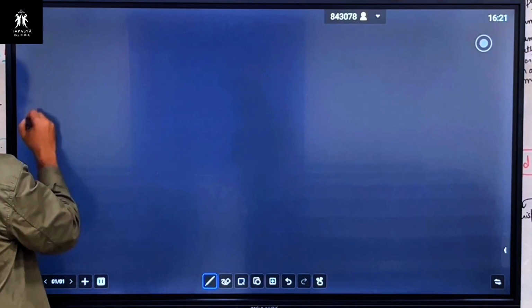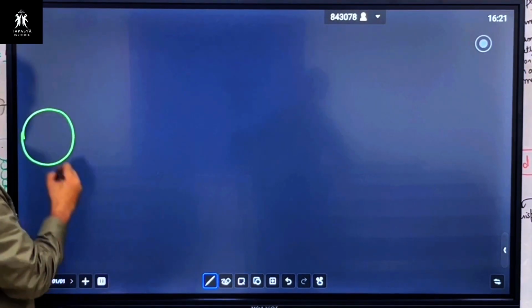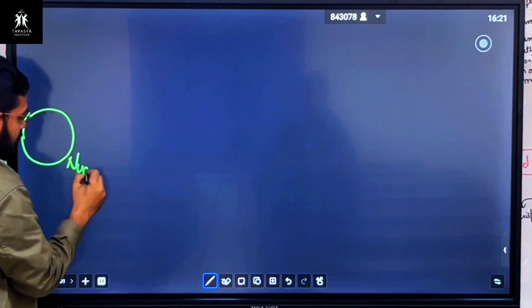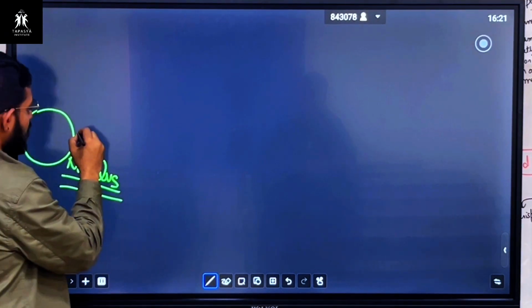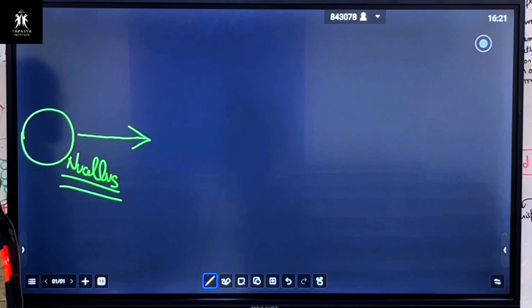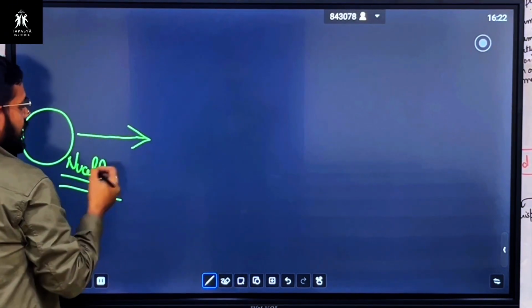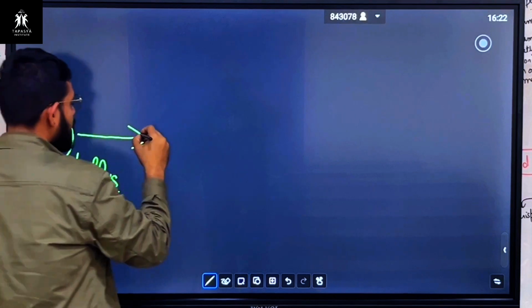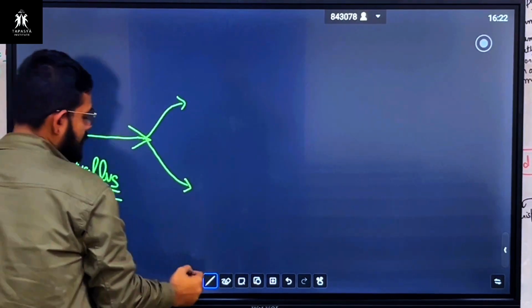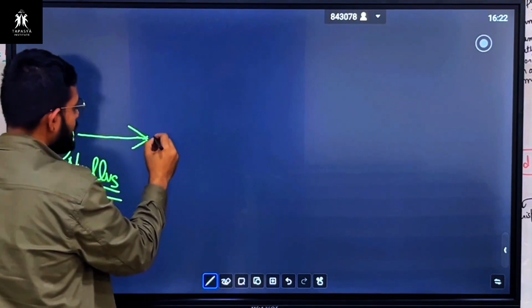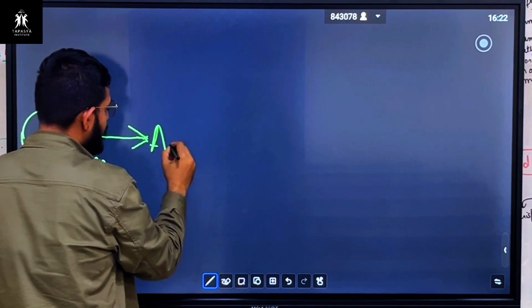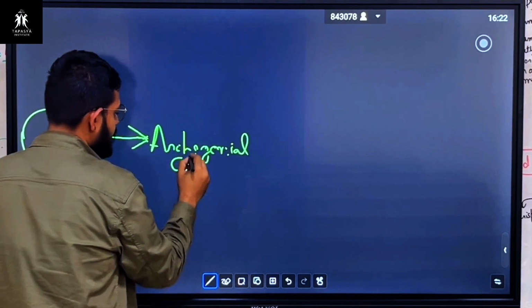Okay, let's see. There is one cellular mass which we call the nucellus. Now in this nucellus, differentiation will occur. A type of division occurs, and that division makes it differentiate into two types of cell. Firstly, it will differentiate into an archaeosporial cell.